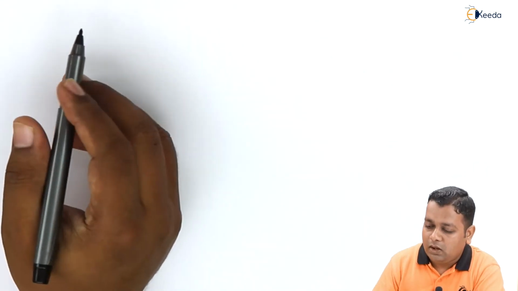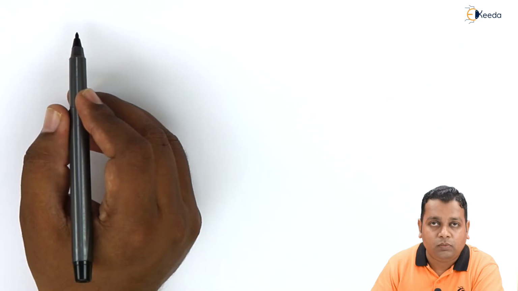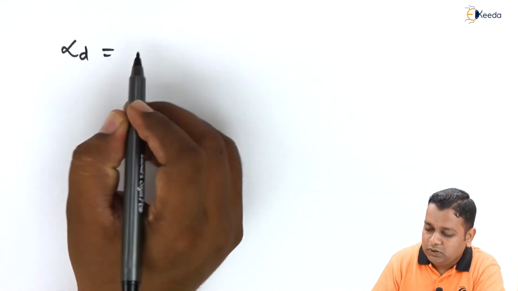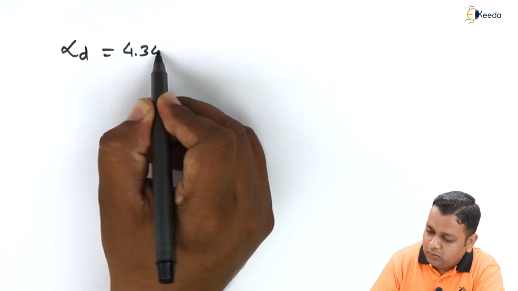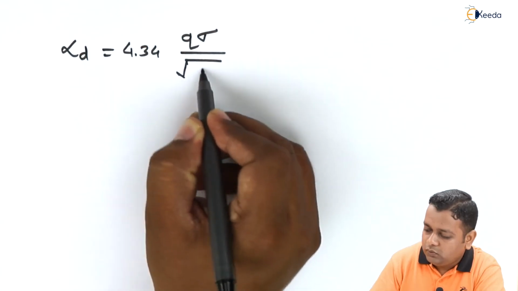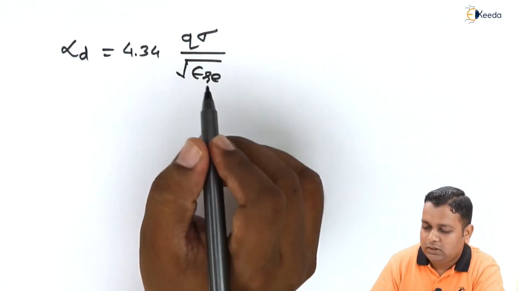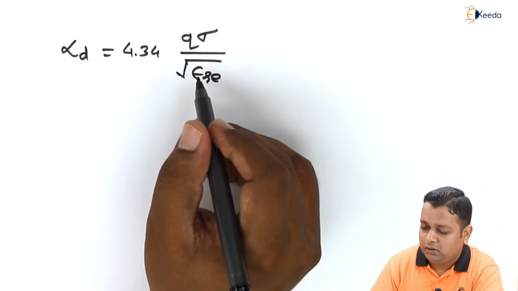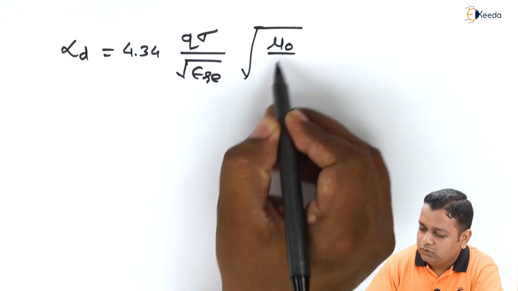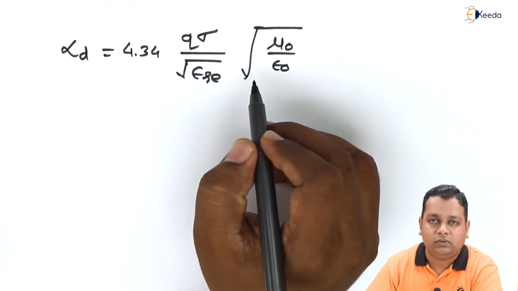So considering both of them, whereas the air medium is a completely perfect dielectric, we can have some modification into the formulation that we have obtained from a few of the researchers. So alpha suffix d is equal to 4.34 q into sigma divided by square root of epsilon Re here, the effective value of relative dielectric constant, in multiplication to the square root of mu 0 divided by epsilon 0 here.